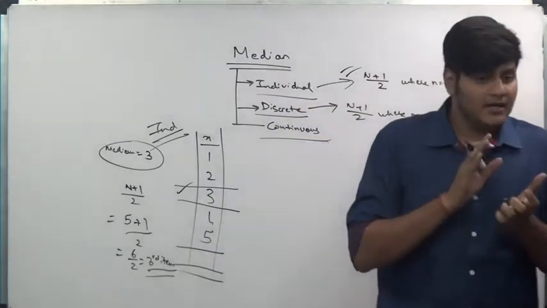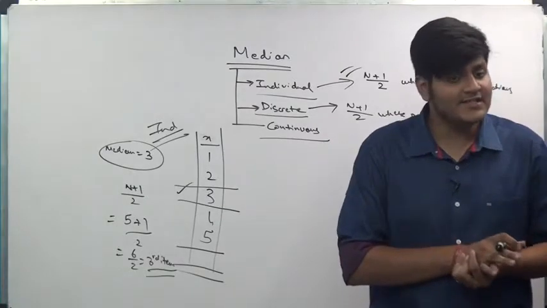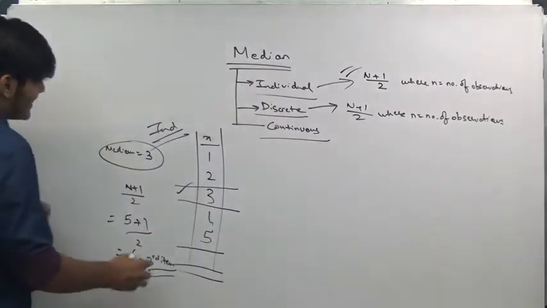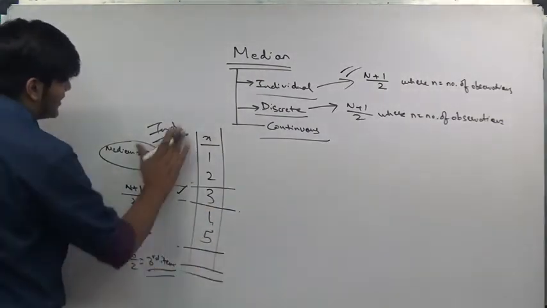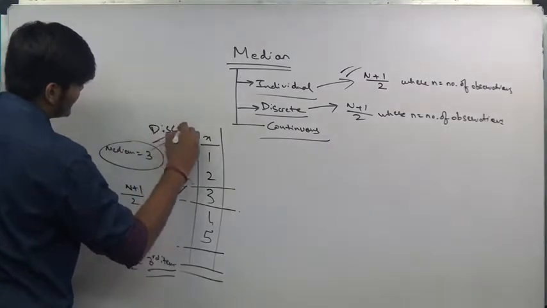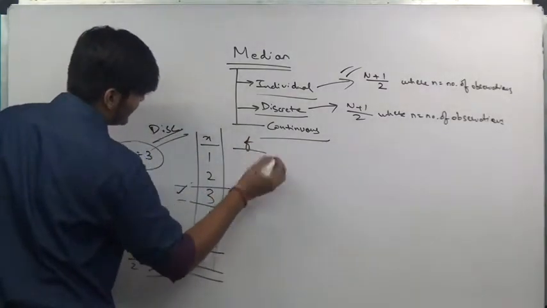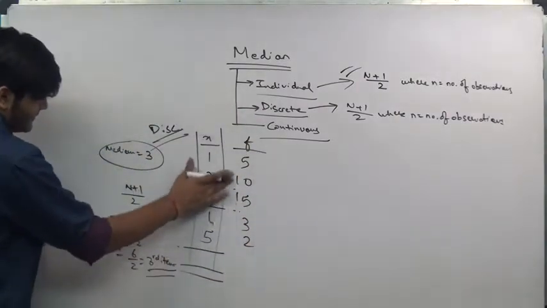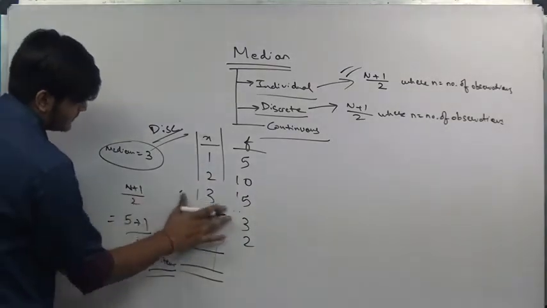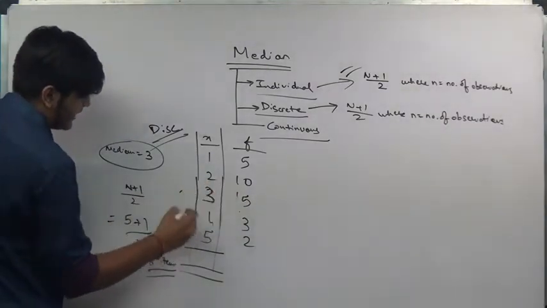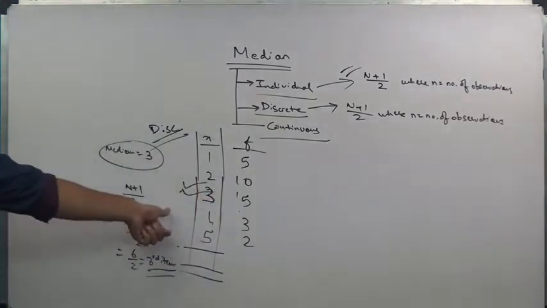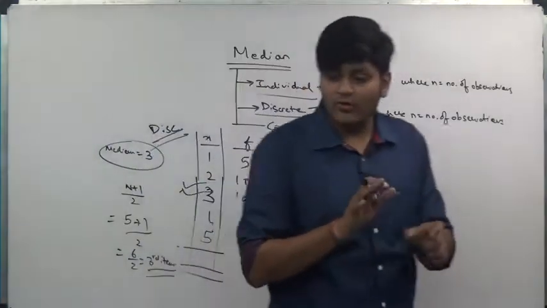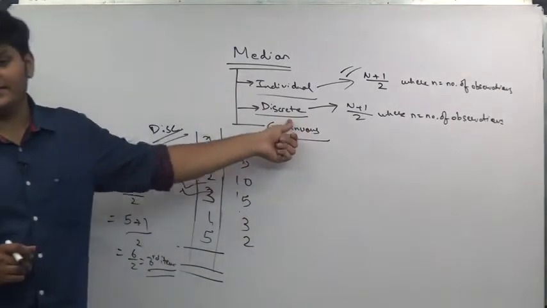Our individual series turns to discrete series and the formula should change, but in median there is no such change. For example, along with this same set of observations, if I was told this is a discrete series and frequency has been given, for example 5, 10, 15, 3, 2, even if all this is given, our answer would remain the same. Our answer would still be 3. All these frequencies have no role in calculating the value of the median.